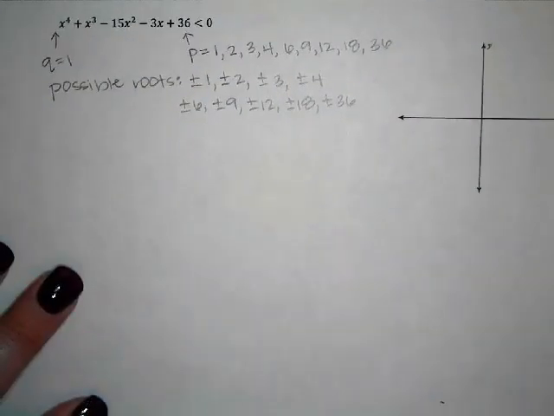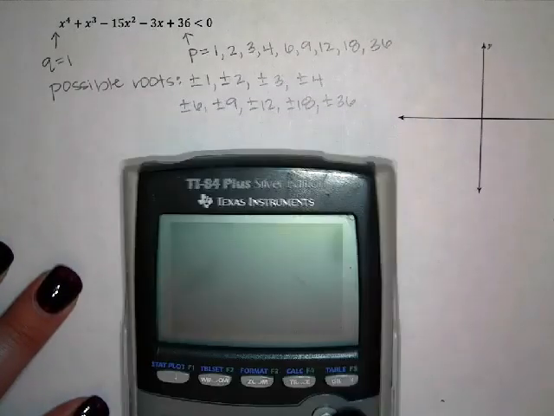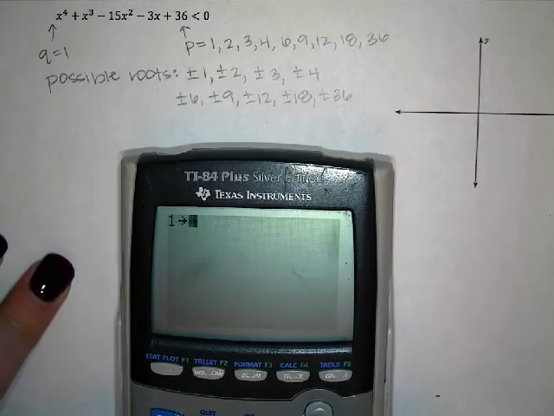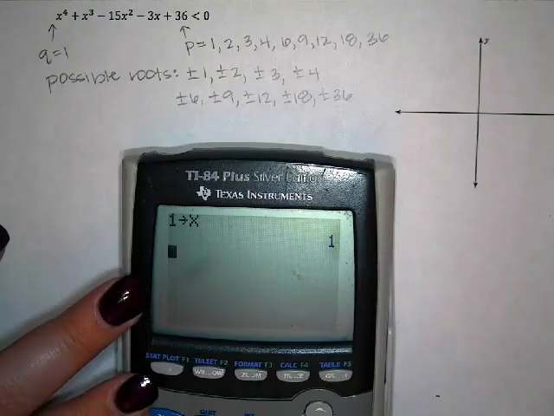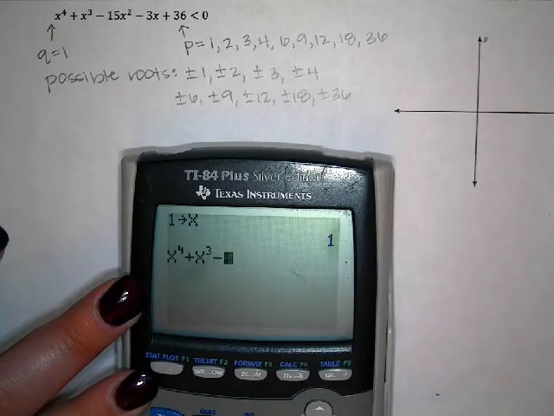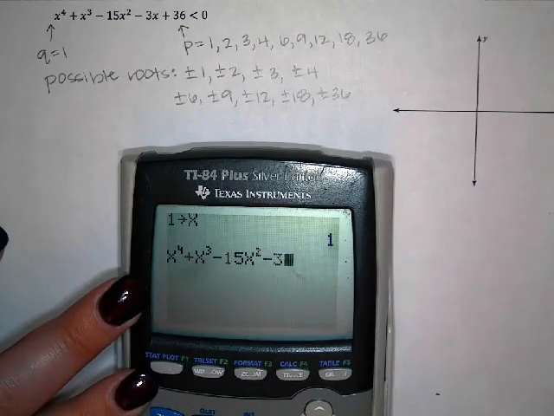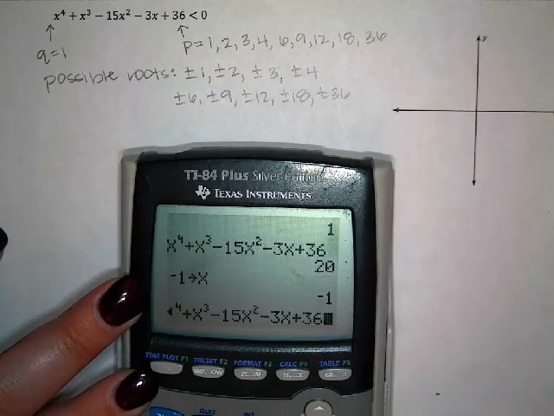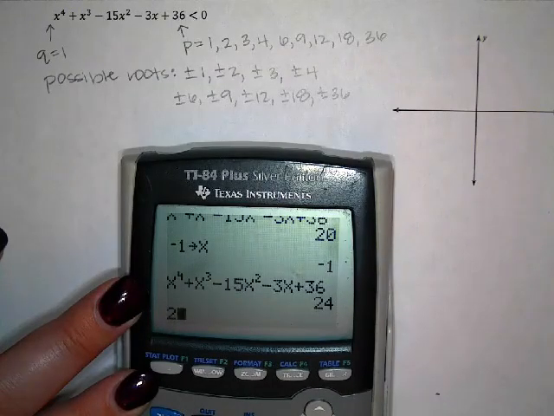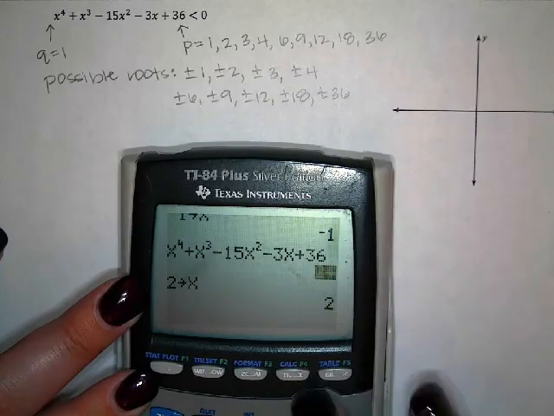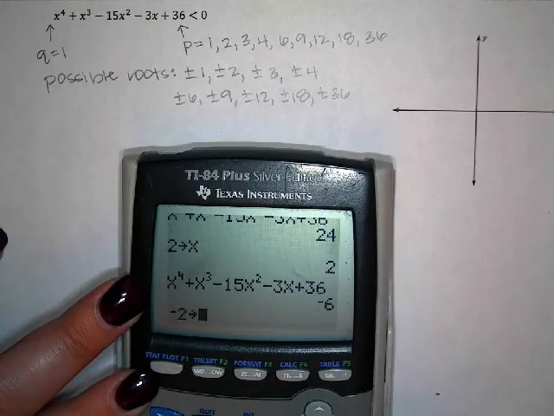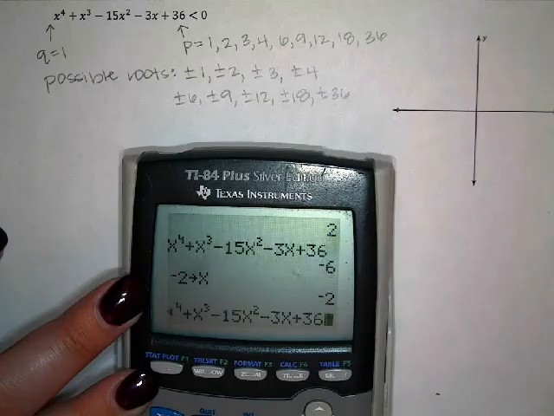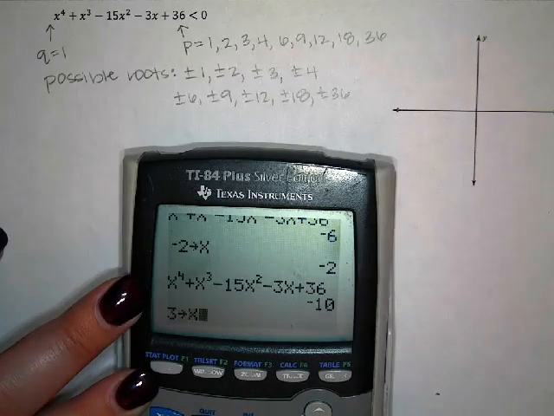So I'm just going to start plugging these possible roots in and see which one gives me 0, because then I'll know it's a factor. Not 1. Oops. Not -1. Okay, it's 3.